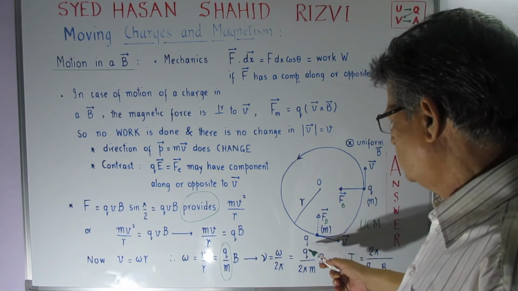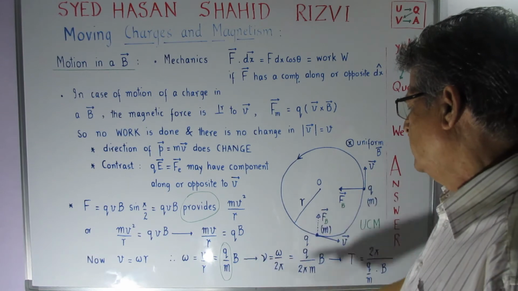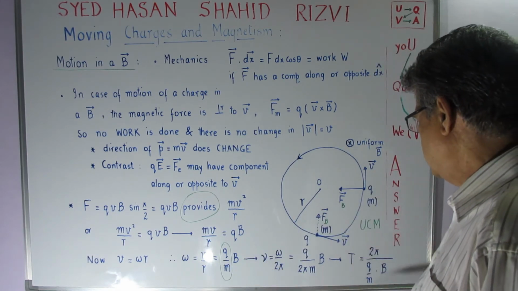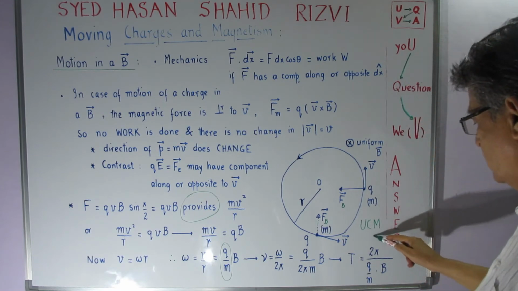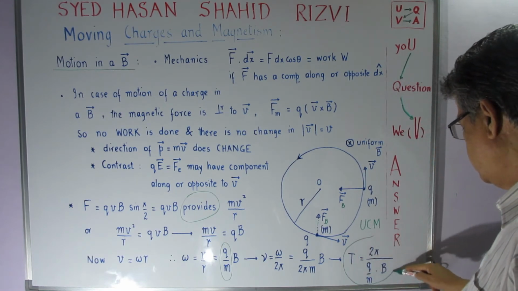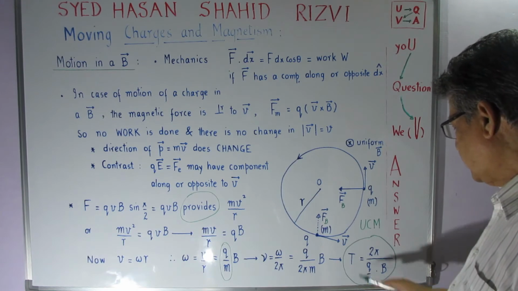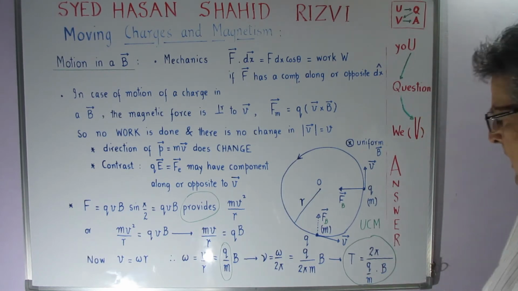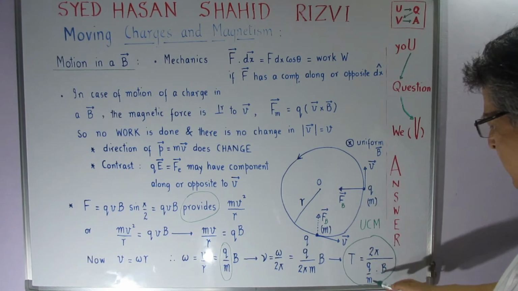So this becomes equal to QB upon 2 pi m. So it gives capital T is equal to 2 pi upon Q by m into B, that is 2 pi m by QB.